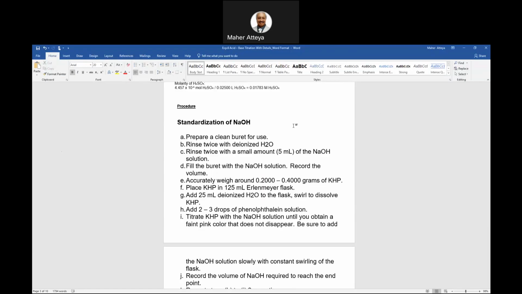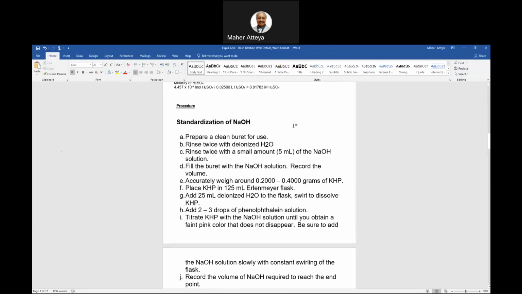That's the first titration. We'll do 2 titrations, and each titration will be repeated in 2 trials. So one is sodium hydroxide against KHP, this one here, and one is sodium hydroxide against vinegar. So 2 titrations, each with 2 trials.